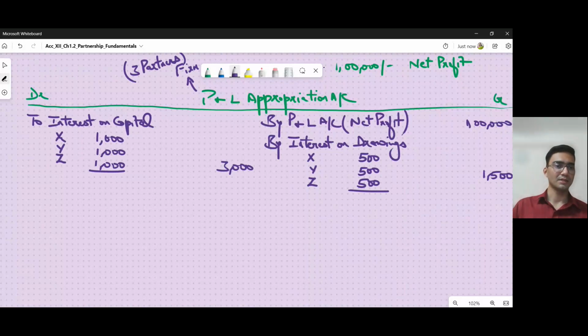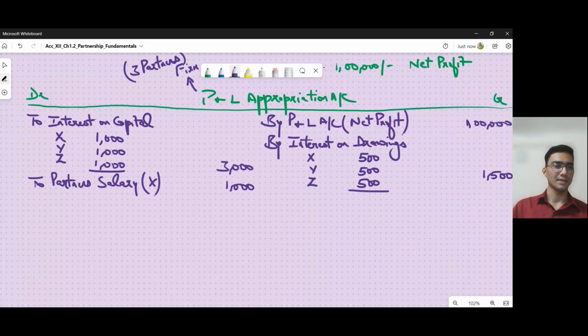Among them, let's say one partner is going to be given a salary. So partner's salary. Which partner are we giving? X. So let's write his name in brackets. We are giving a salary of 1000 rupees. So this is going to be an expense again for our partnership firm.